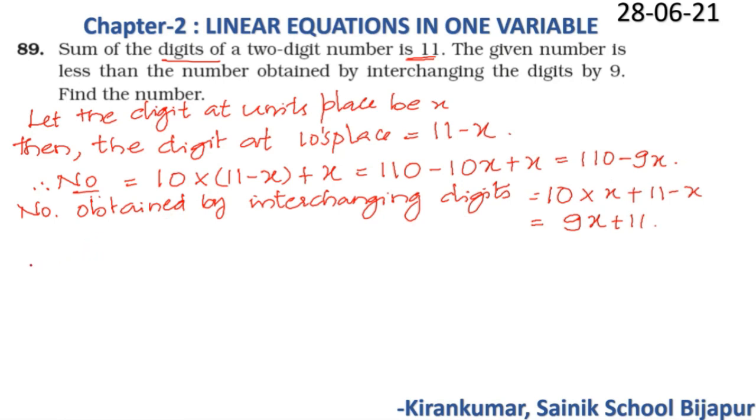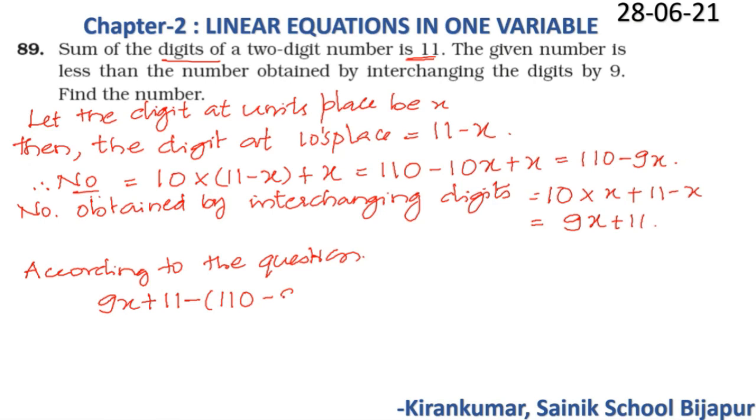As per the given question, the number after interchanging, which is 9x plus 11, minus the actual number, which is 110 minus 9x, their difference is 9, because the given number is less than the number obtained by interchanging the digits by 9.